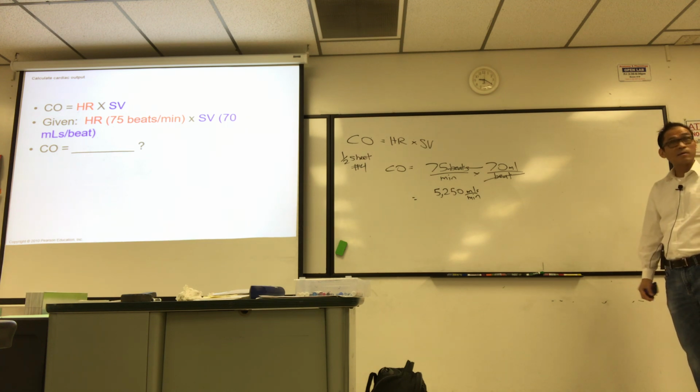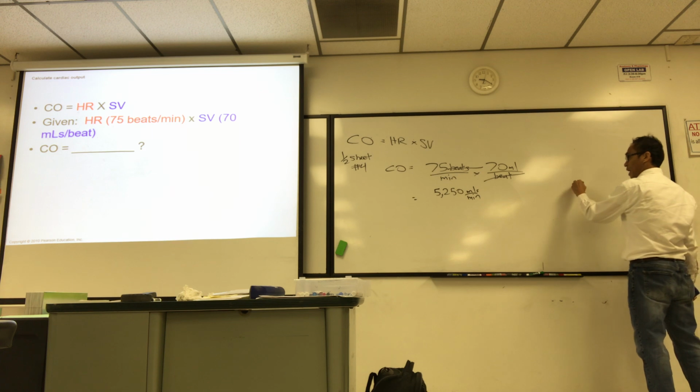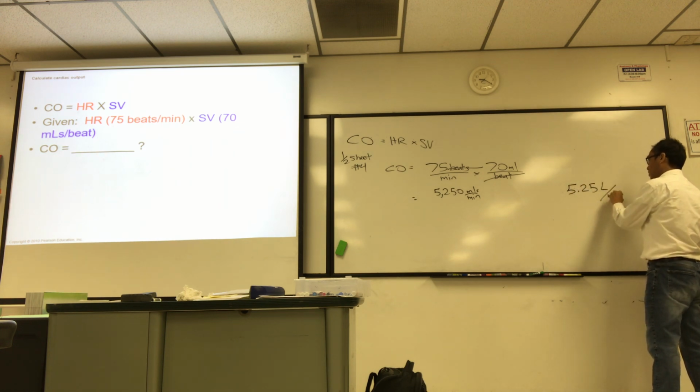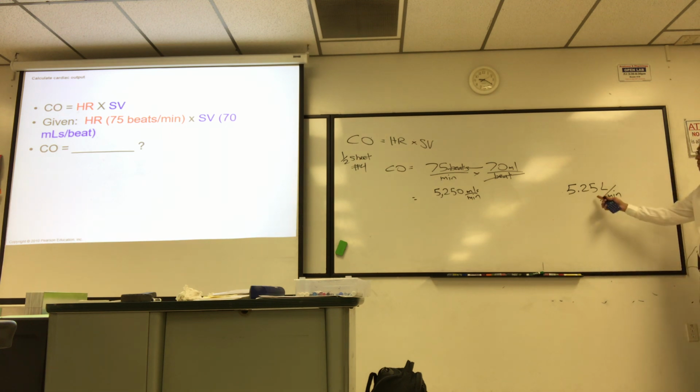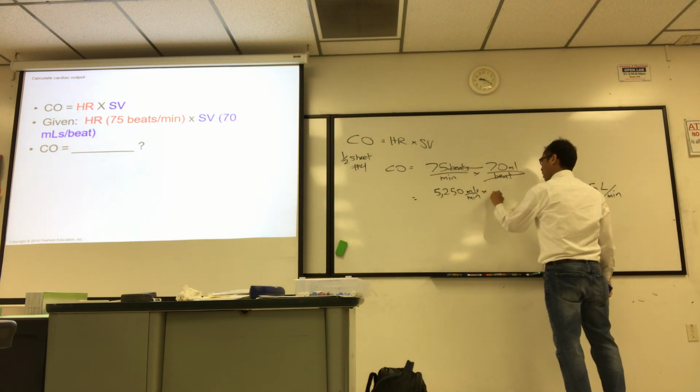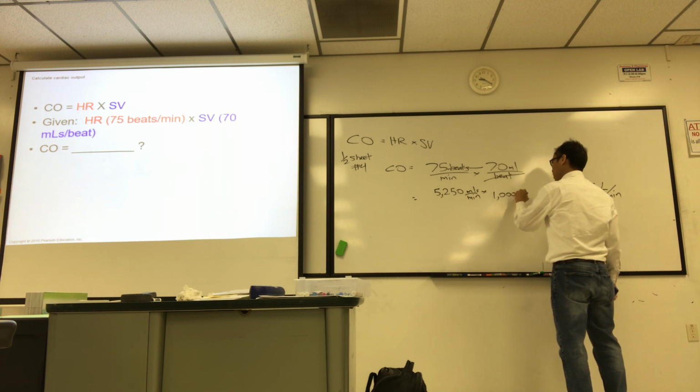What if I put it as a multiple choice? I didn't put 5250. I put... what if I did that? What did I do to go from mils to liters? What's the thingy? There's 1,000 milliliters in 1 liter.